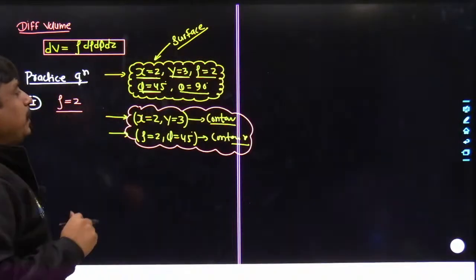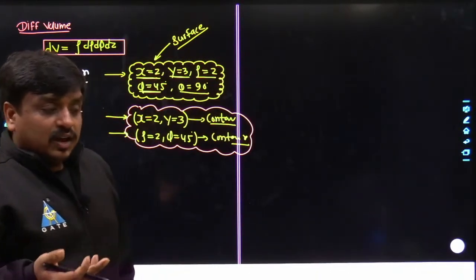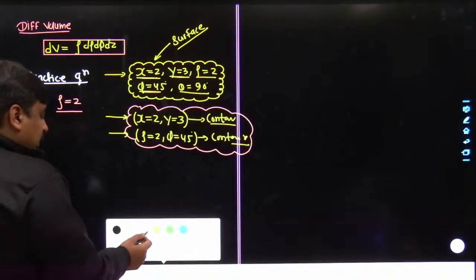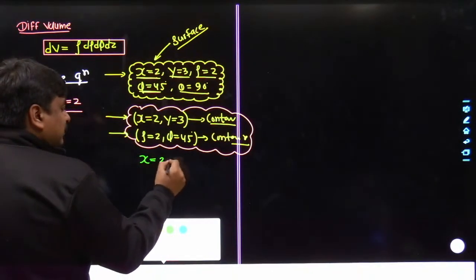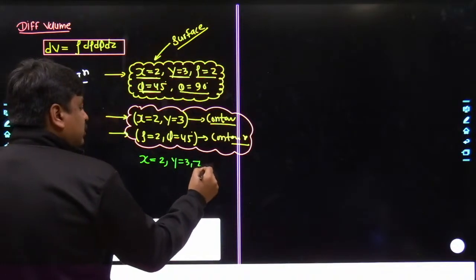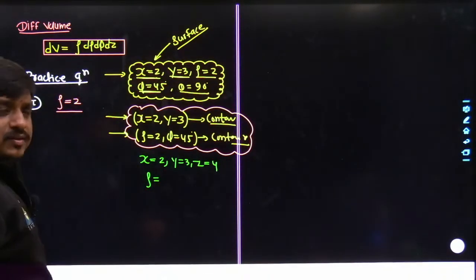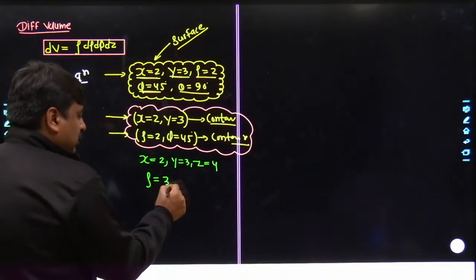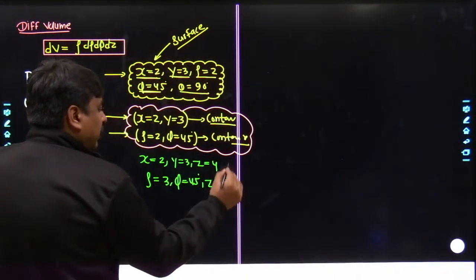At the end of the day, if you fix all three numbers, I can take an example: a Cartesian coordinate system where x is 2, y is equal to 3 and z is equal to 4. Or another example: in the cylindrical coordinate system, the value of rho is 3, phi is 45 degrees, and let's take z as minus 2. What does that mean?